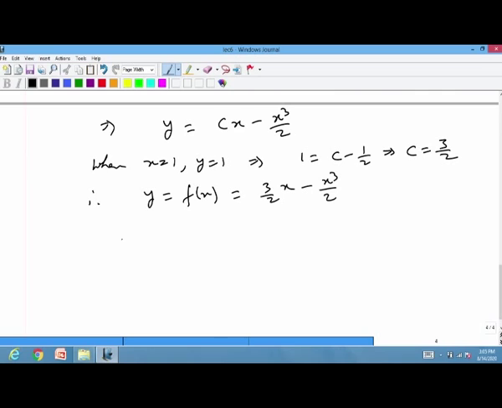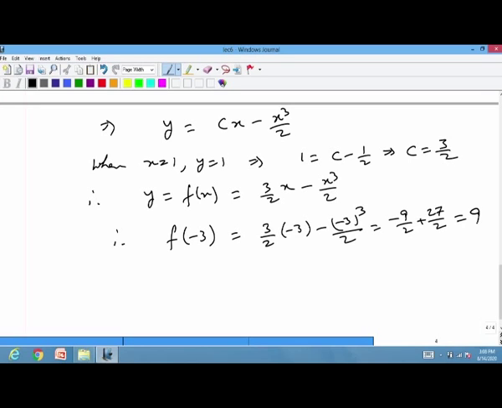Now, we can calculate f at minus 3 equal to 3 by 2 into minus 3 minus 3 cubed by 2, which is equal to minus 9 by 2 plus 27 by 2. So, that gives 9. This is the answer to this problem.